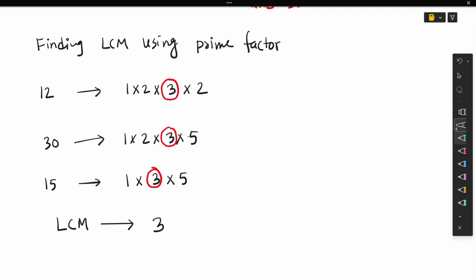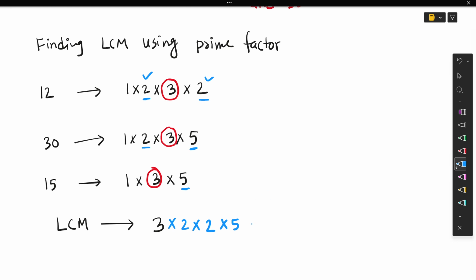Now we have to take the highest of the uncommon ones. You have 2 here, but you have 2 twos here. So which one is the highest? 2 times 2 is the highest. So take 2 times 2. Again we have 5 here and 5 here, so you can take any one of them.